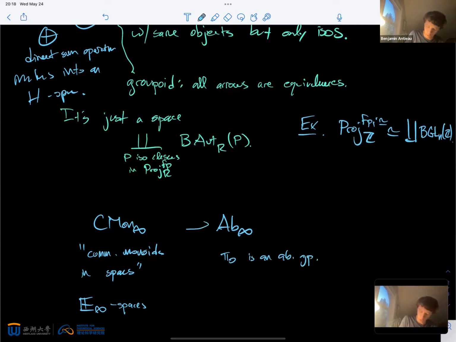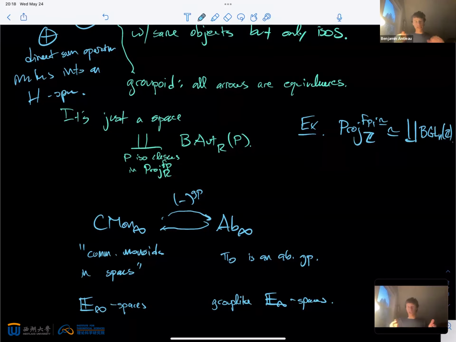So it's a full subcategory. I look at all of these E infinity spaces where pi 0 is a group. So these are called group-like E infinity spaces. And there's a left adjoint, and I'll just still call that group completion.